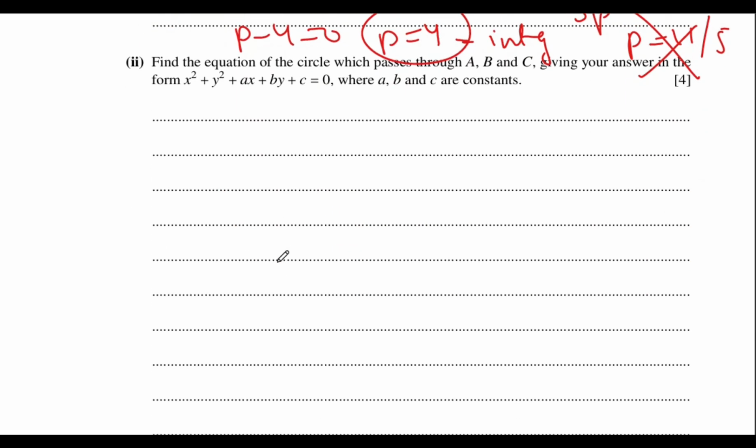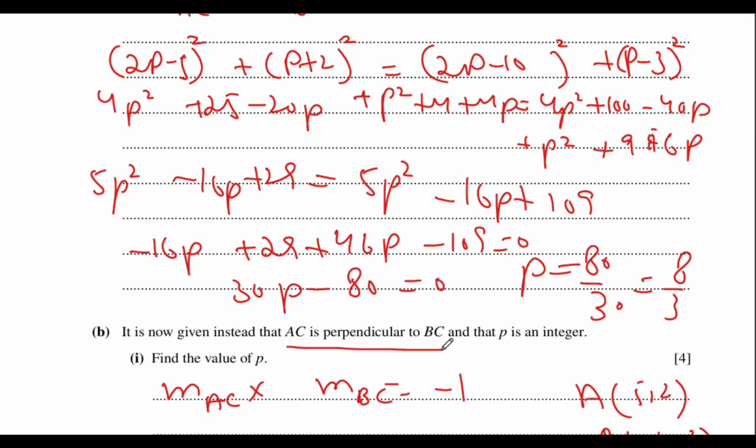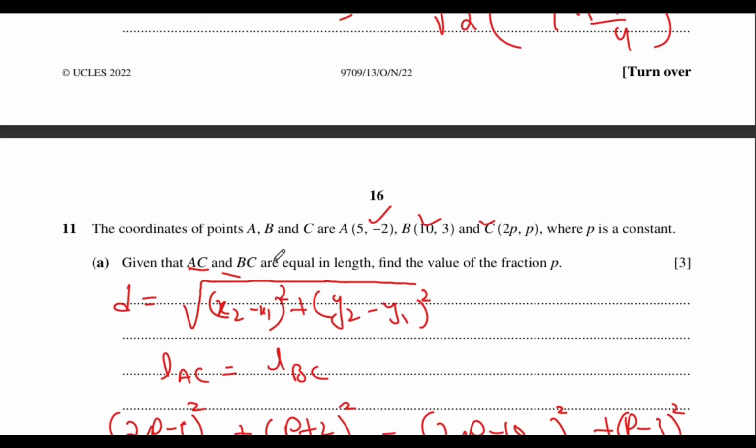Find the equation of the circle which passes through A, B, and C, giving your answer in the form x square plus y square plus ax plus by plus c, where a, b, c are constants. As we already said in the second part, AC is perpendicular to BC and AC and BC are equal in length.